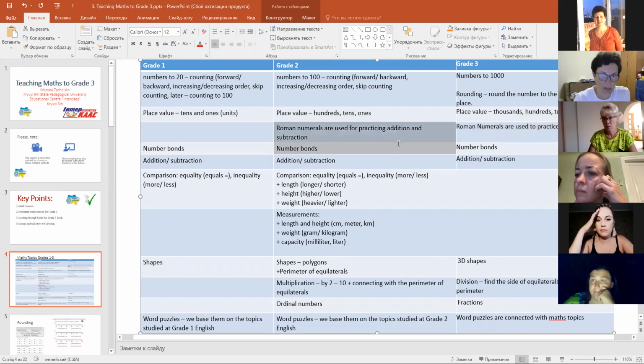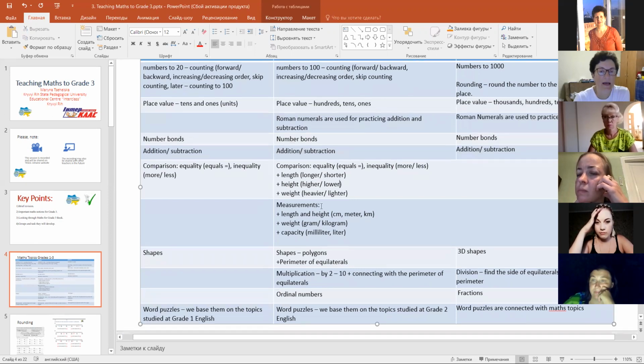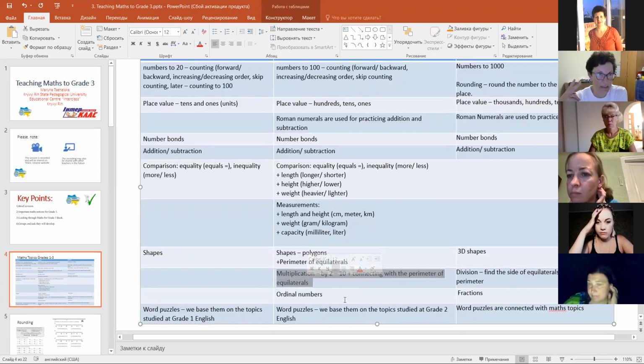Then number boards are still with us. Addition, subtraction is here. Comparison, measurements. We'll put special attention to measurements. So then shapes, but now shapes from 2D shapes turn into 3D shapes. Then we had lots of multiplication in the 2nd grade.